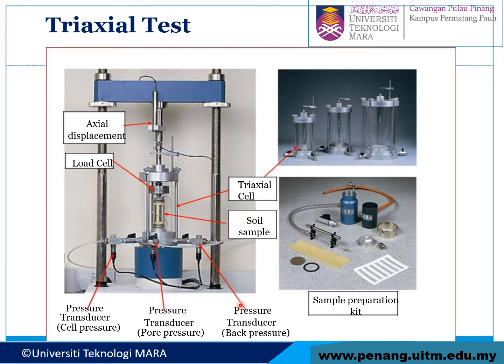Here is the pressure transducer, and this one is a pressure transducer also. This one is to determine the pore pressure, and this one is the pressure transducer to determine the cell pressure, which is sigma 3. And then we have the axial displacement to determine the axial pressure, or sigma 1.